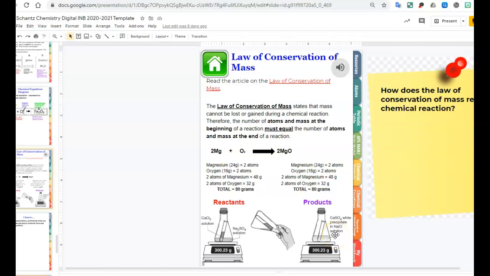That's not what we started with, but it is the same atoms. And we ended with the same mass of 300.23. So remember, the law of conservation of mass states that mass cannot be lost or gained during a chemical reaction. So the atoms at the beginning must equal the atoms at the end. So reactants equal the products.